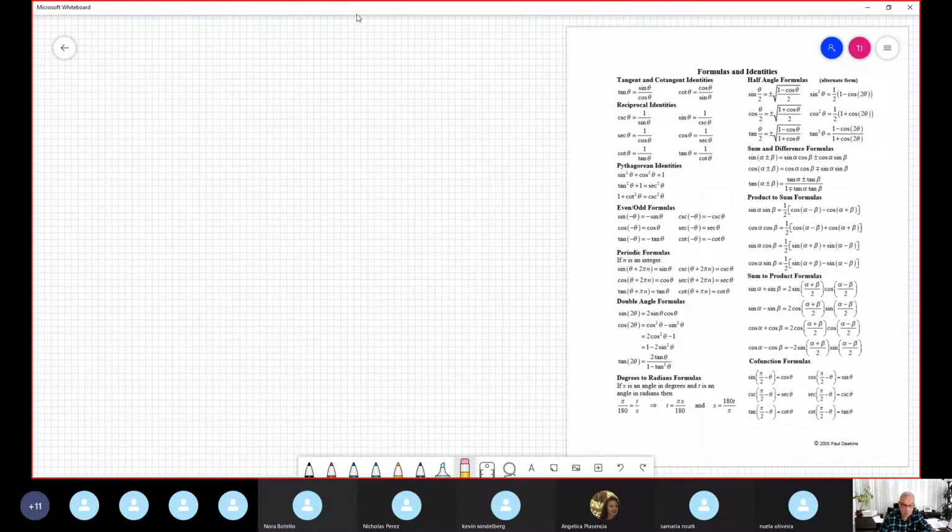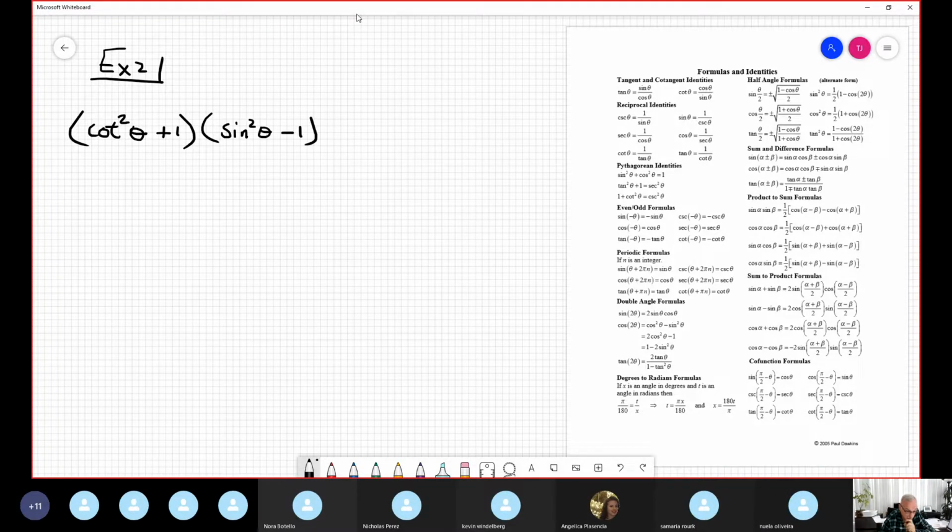Okay, of course, I want to erase this because I'm using another identity. The example 2 is now. Example 2: another identity is cotangent square theta plus 1, times sine square theta minus 1, is equal to minus cotangent square theta.